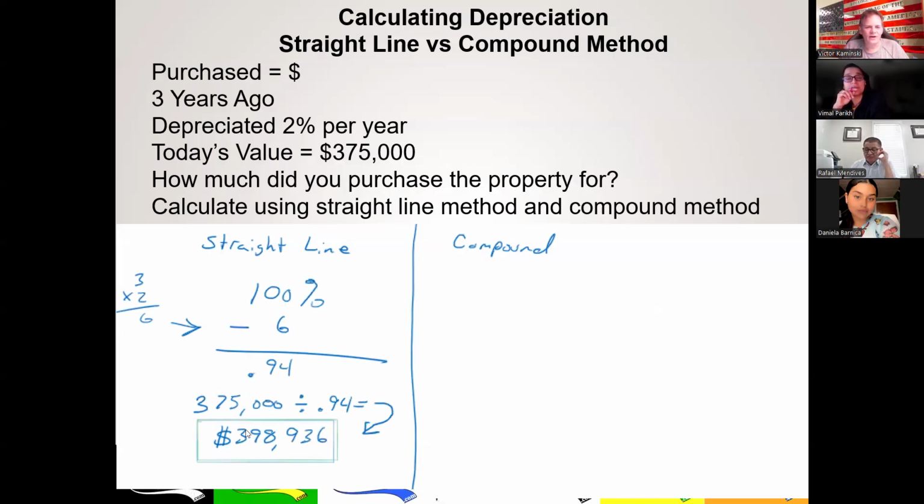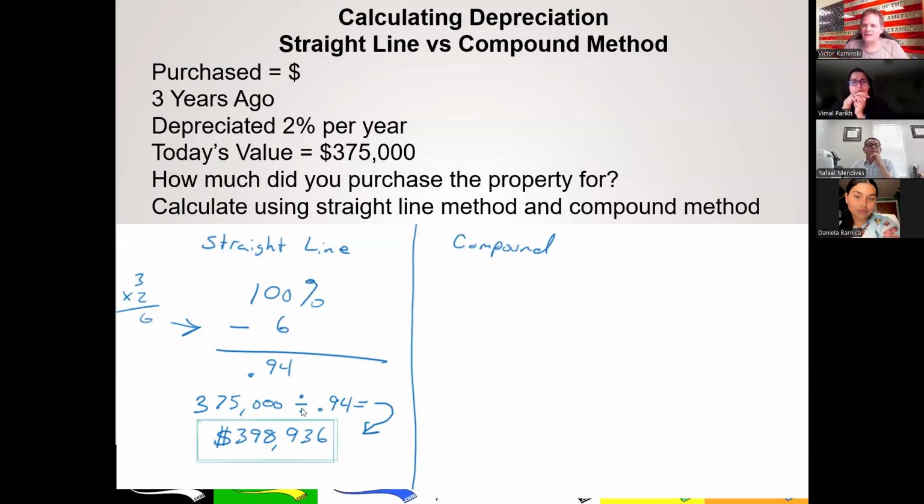Okay, so here we go. We started off with 100%. Doing the straight line method, you take the rate of depreciation times the number of years. That's 3 times 2 is 6. So we subtract that because it depreciated. We subtracted it from 100, left us with 0.94. So then today's value is 375.